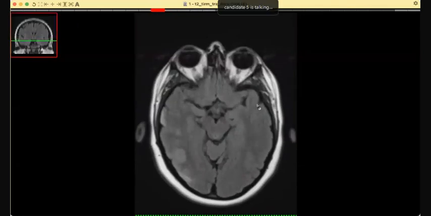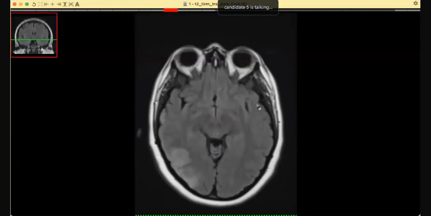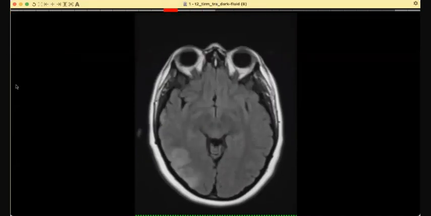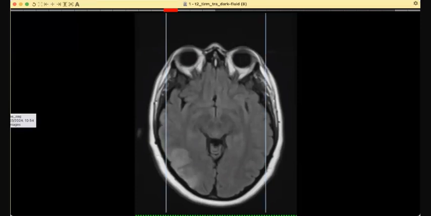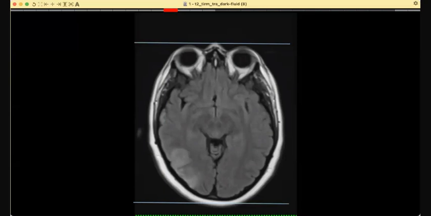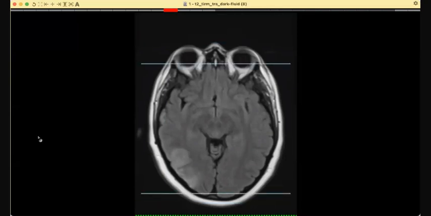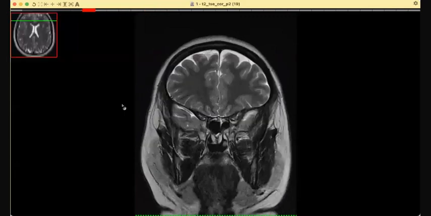So it is a little more widespread, and there's some gyral swelling as well in the adjoining regions. But as there is no history of fever, I'm not thinking along the lines of cerebritis. Right. I'll show you a T2.